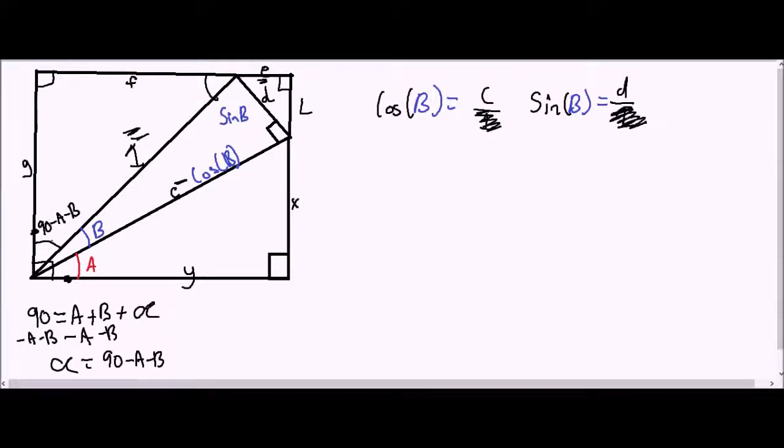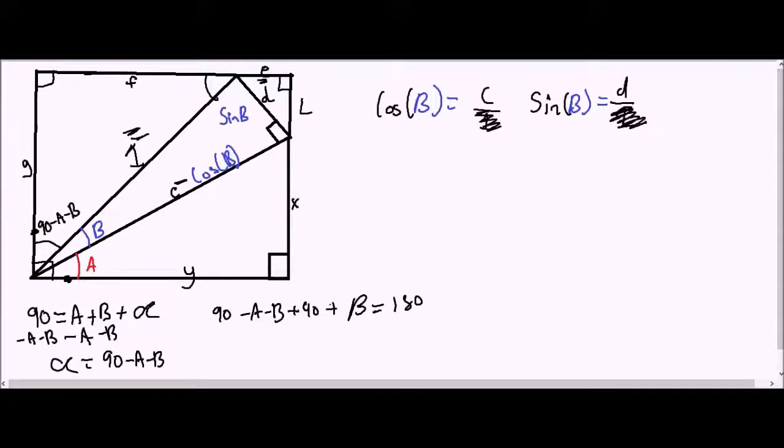Well, if this is 90 minus A minus B and this is 90, and these three angles have to add up to 180, we can solve for that again. So we have 90 minus A minus B plus 90 plus some beta, and those are the three angles inside a triangle, so they sum up to 180.